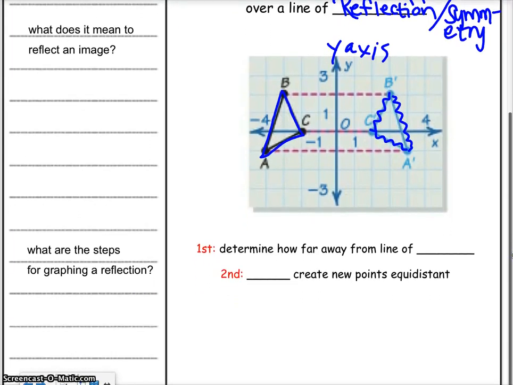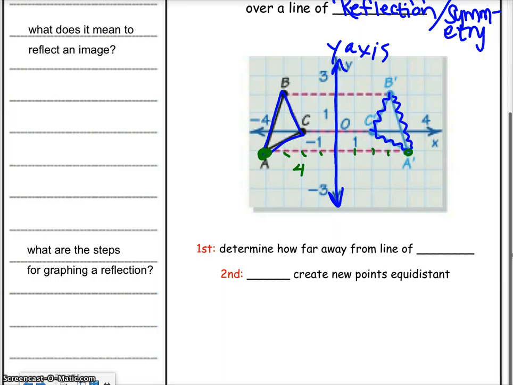So notice, given this line of symmetry, the y-axis, that's the middle. I want to look: how far away is A from the line of symmetry? It's so hard to read. 1, 2, 3, 4 spots away. How far away is A prime? 1, 2, 3, 4.